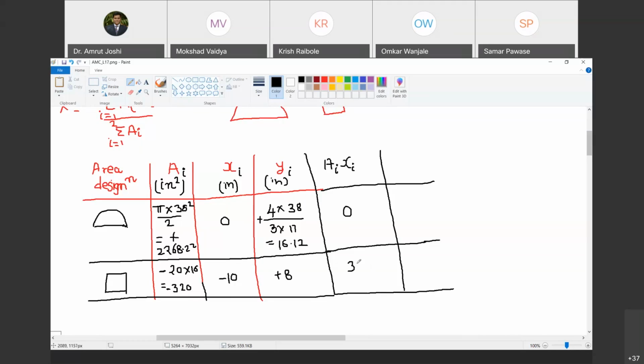Plus 3200. So which sign do we have to take in the multiplication? Are you with me? Yes, sir. And then next is Ai yi. How much is Ai yi? Tell me. For the first case, it is 2268.22 into 16.12. Tell me how much is that?